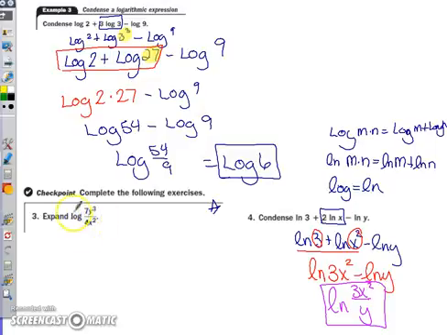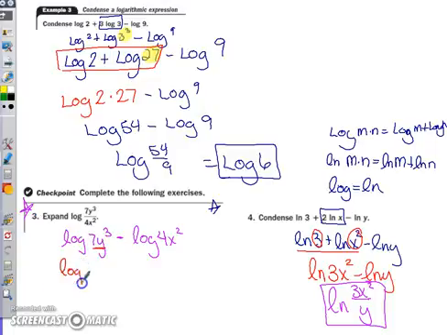But here, when we're dealing with this one, we're expanding. And the first thing I'm going to do is say, look, there's a division, and I can remove the division with the subtraction sign. So I can say log of 7y cubed minus log of 4x squared. Now, these are being multiplied, so to get rid of multiplication, you can expand it with adding.